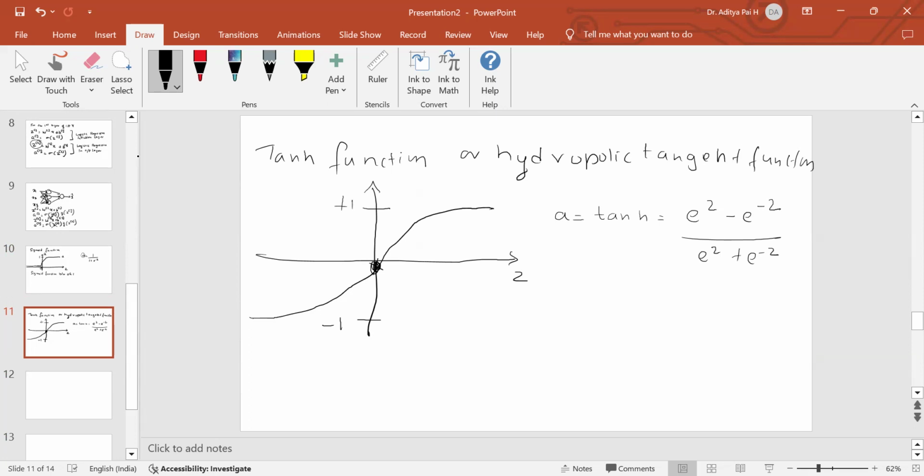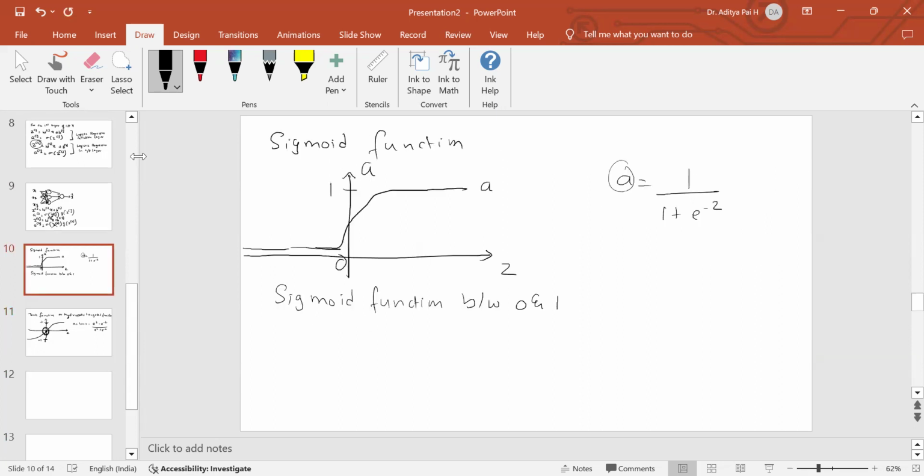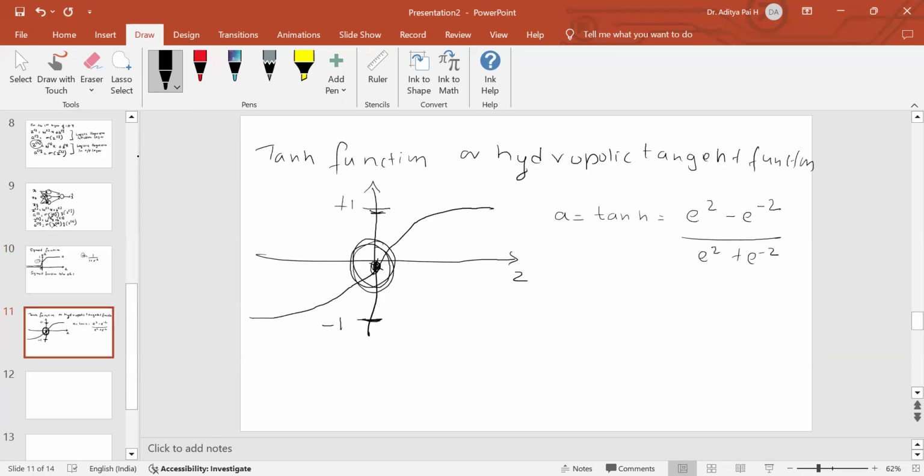Now this actually performs better than the sigmoid function, because the mean of this is around 0. In the previous case, the mean is coming in the 0.5 region, whereas here the mean is coming around 0.1 or 0.2, or minus 0.1, 0.2.